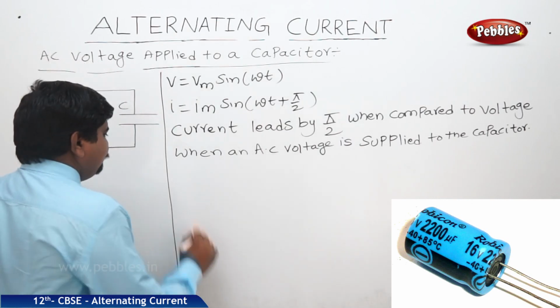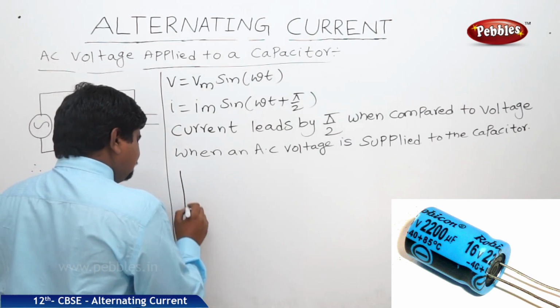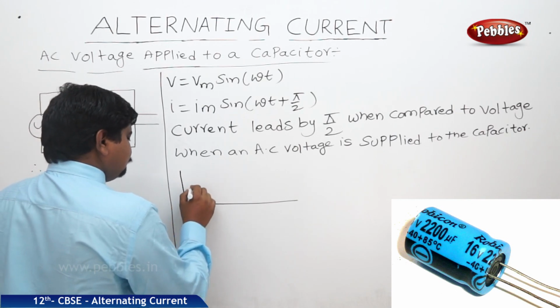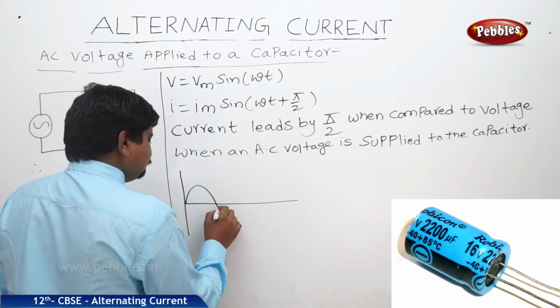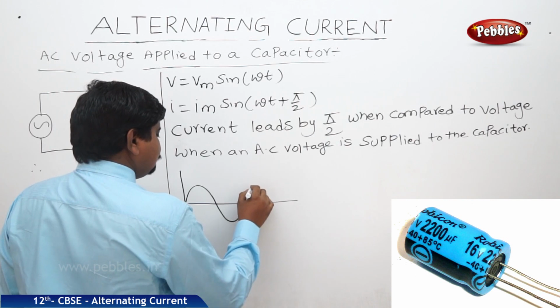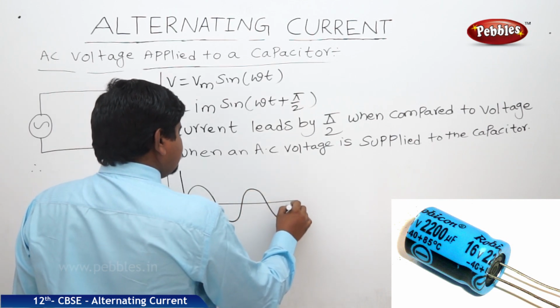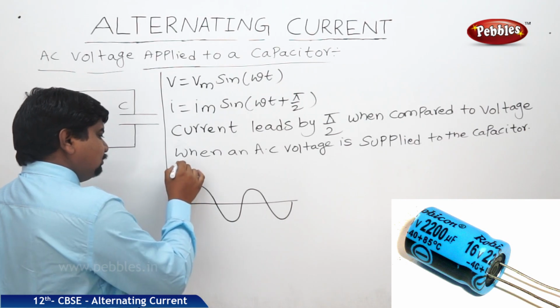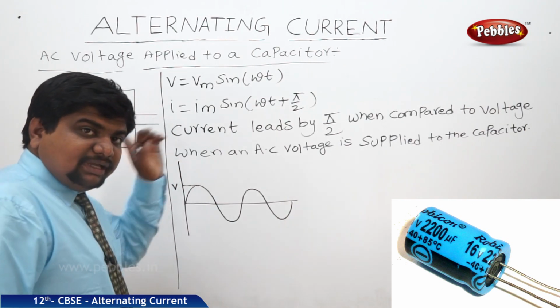Now, what is the phasor diagram? It will be like this. Let us write this is V, but current leads by pi by 2.